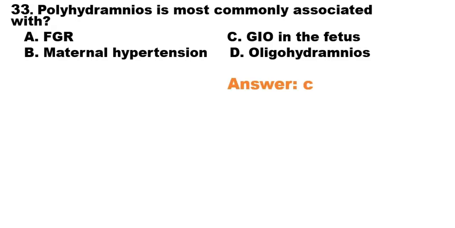C is the answer, because excessive amniotic fluid is commonly associated with fetal gastrointestinal obstruction, or what we call esophageal atresia, that prevents normal swallowing of amniotic fluid.